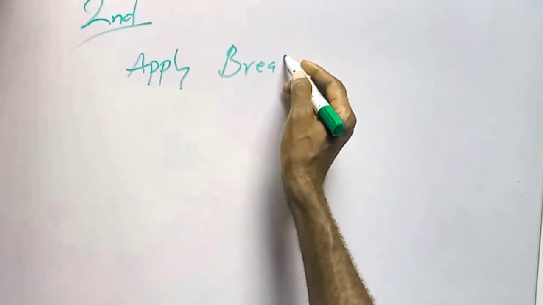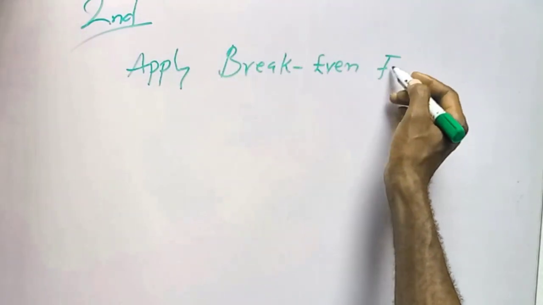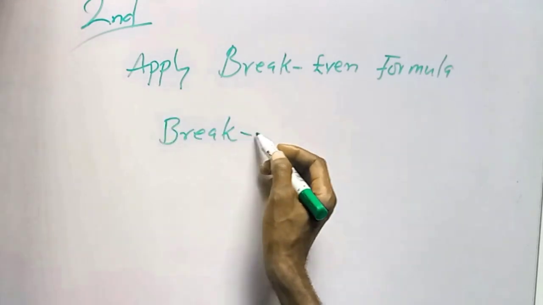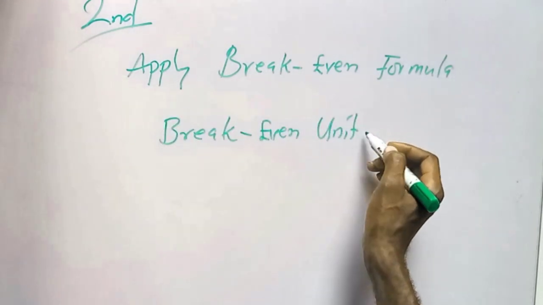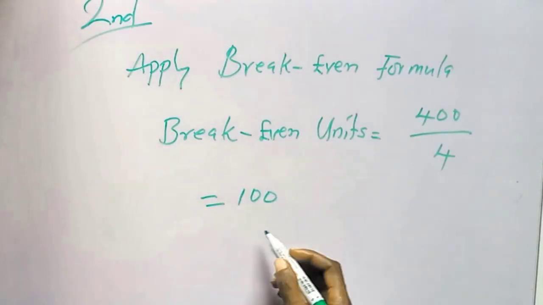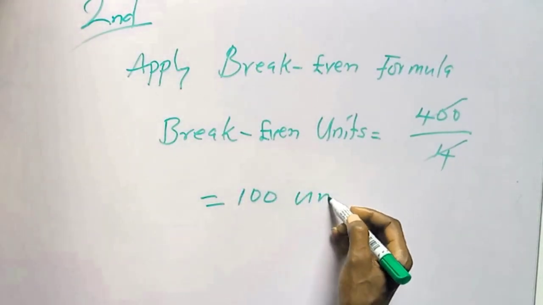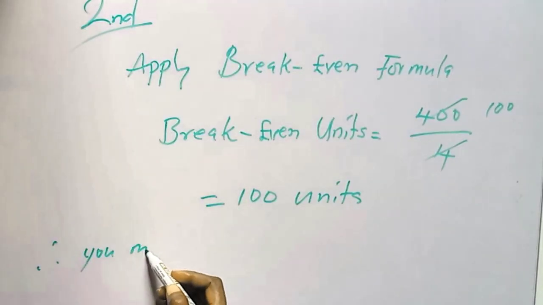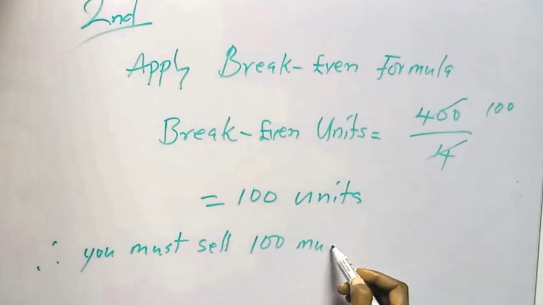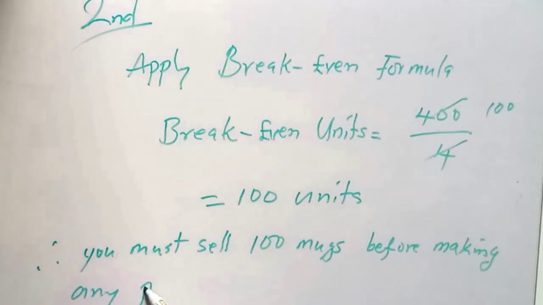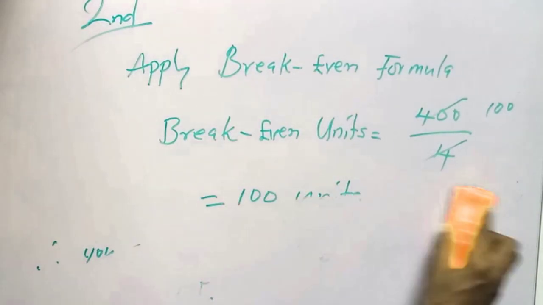Here is step-by-step substitution, which is putting in the figures and carrying out the maths step-by-step demonstration. You see in this demonstration on your screen that you must sell 100 mugs before making any profit.